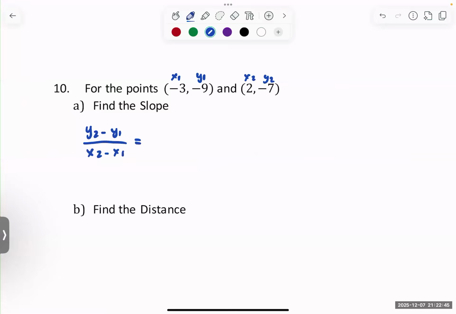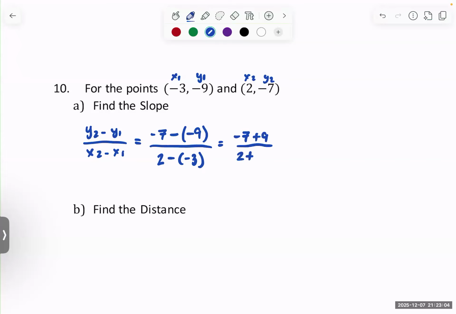So just plug all that in. We have negative 7 minus negative 9 over 2 minus negative 3. Now, double negatives turn into a positive. So this is negative 7 plus 9 over 2 plus 3, which is equal to 2 over 5.